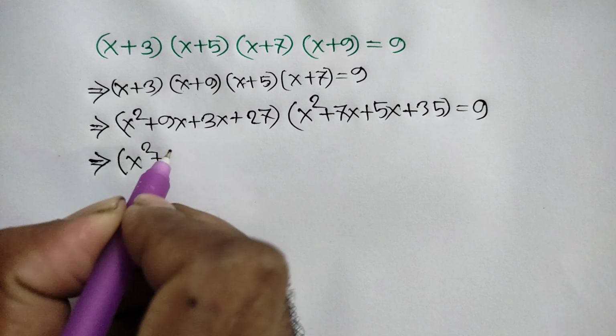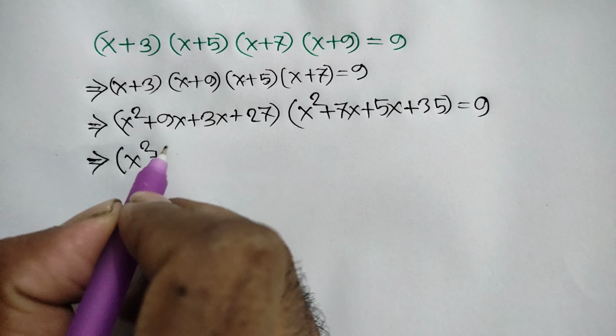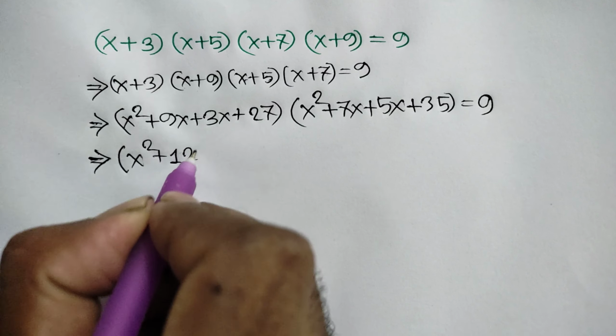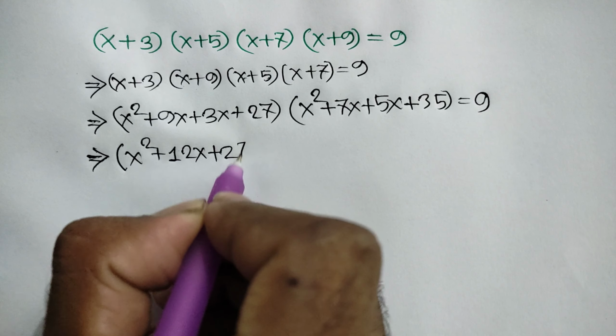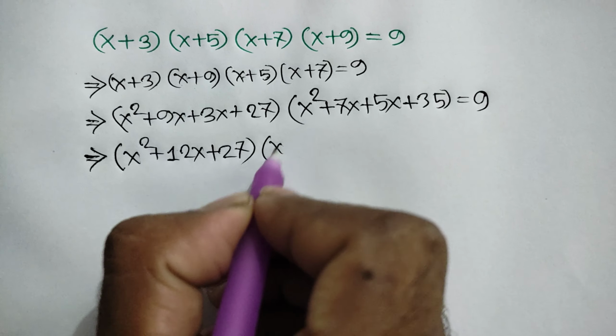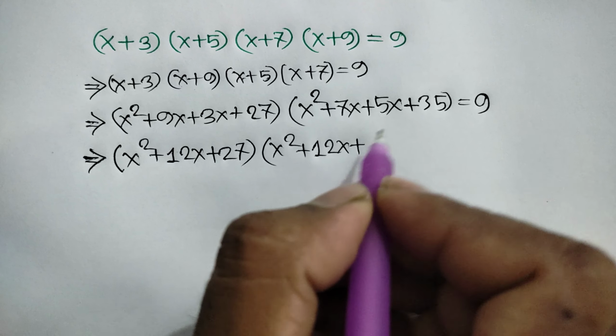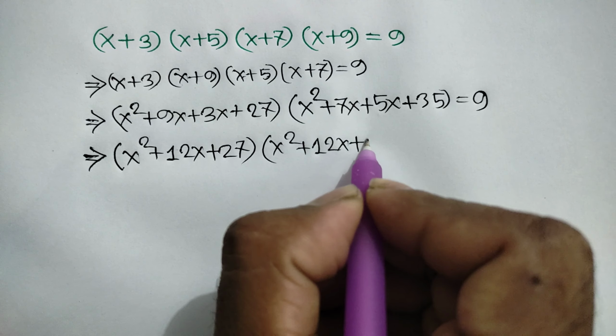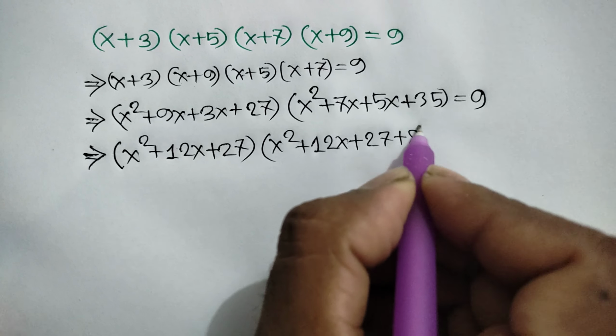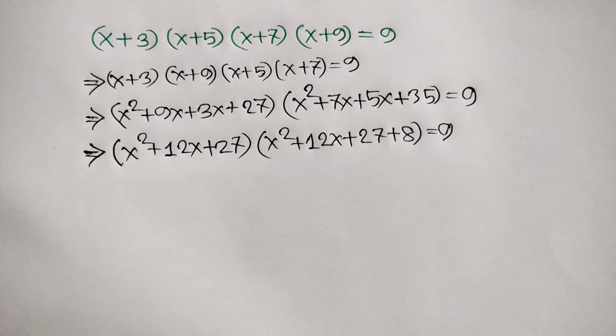(x square plus 9x plus 3x, that is 12x, plus 27) times (x square plus 7x plus 5x, that is 12x, plus 35, which can be written as 27 plus 8) is equal to 9.